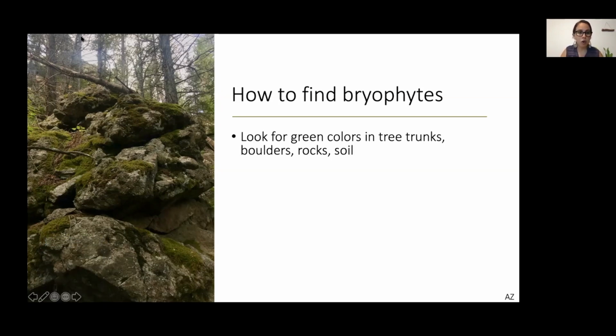So when you go out, you scan the area and look for colors of green. Light green, dark green, brownish green. If you look over the rocks, you can see even some reddish. And you look for specific habitats, for example, tree trunks, boulders, rocks, the soil. If there's a creek or a river, those are perfect places to find bryophytes. Okay, next.